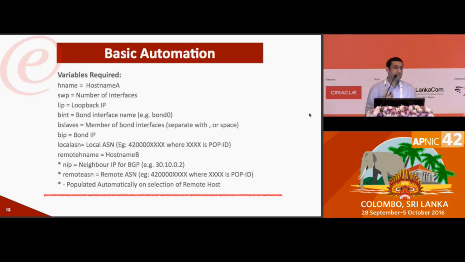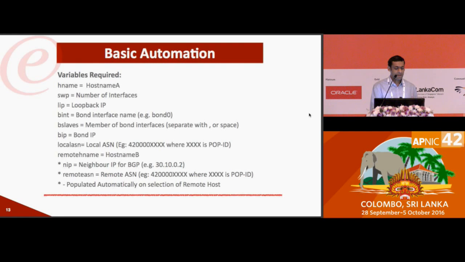We said, okay, fine, we'll automate it as much as we can so that there are no fat fingers, and there are very few chances of configuring something bad and then ending up doing troubleshooting. So we came up with the basic requirements, and we listed down everything in Ansible. We used Ansible as the automation tool.